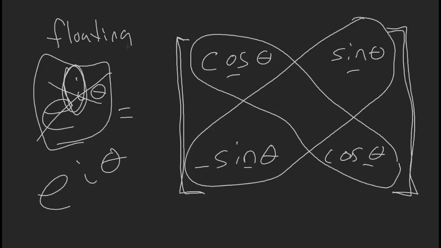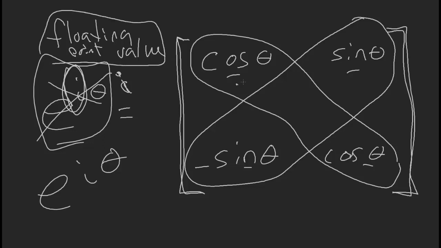I'm trying hard not to use the word real, to a ponderable floating point value. By ponderable, I mean it's not infinity, it's not some imaginary character i. It is a value that we can plug into an equation.